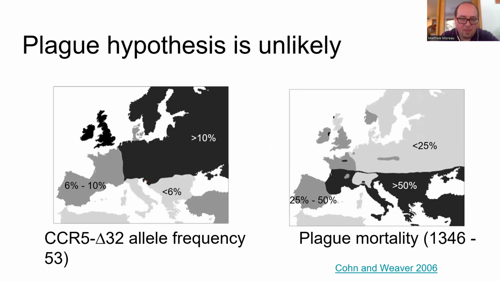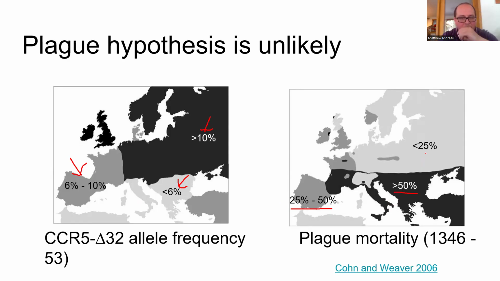So when we look at the frequency of the alleles, 6 to 10%, over 10% in Northern Europe, and only less than 6% in the Baltics. When we look at the frequencies of mortality, again, we have kind of the middle mortality, and then we had more mortality in places where we didn't have CCR5.